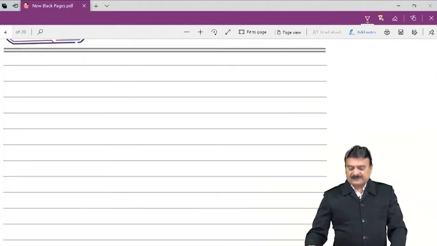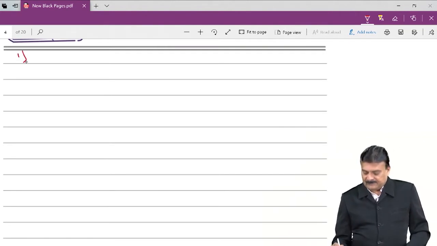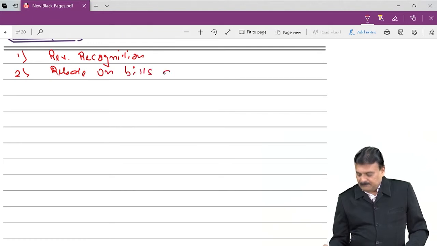As far as our topic is concerned for the CA intermediate, we are going to study subtopics like number 1, revenue recognition for a commercial bank. Number 2 is accounting for rebate on bills discounted.